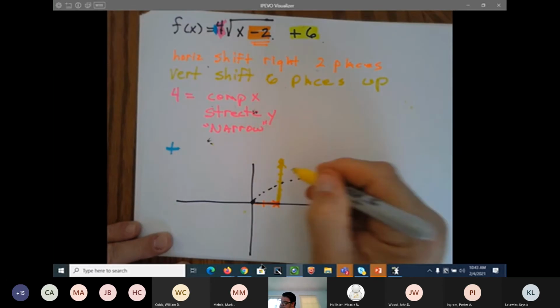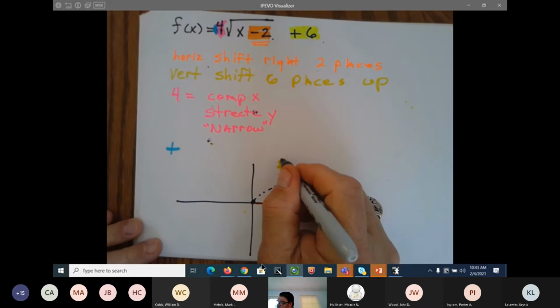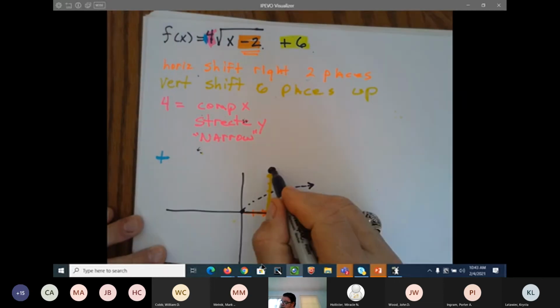And that is my new vertex. So I'll put a black ring around that dot because that is the new vertex, or the beginning of your drawing.